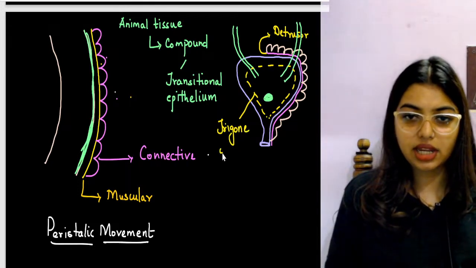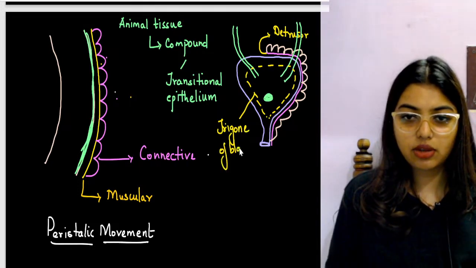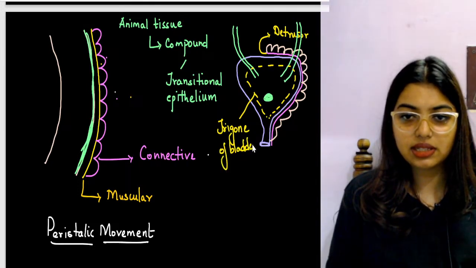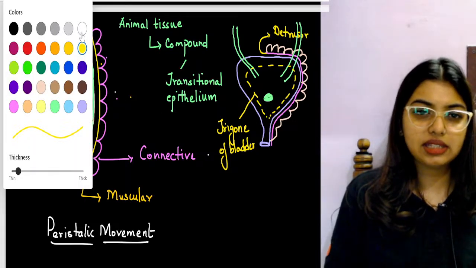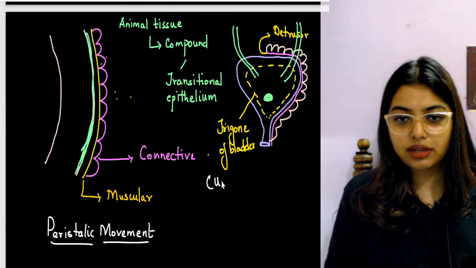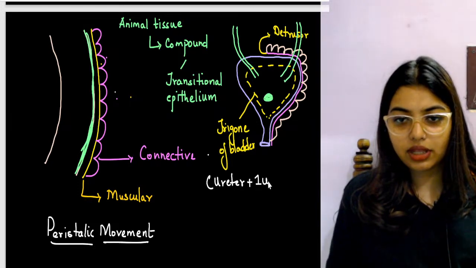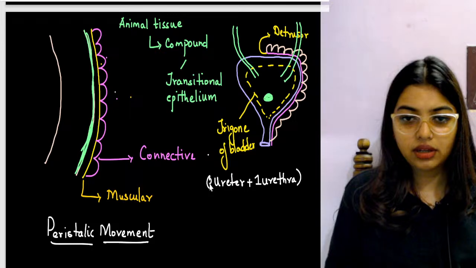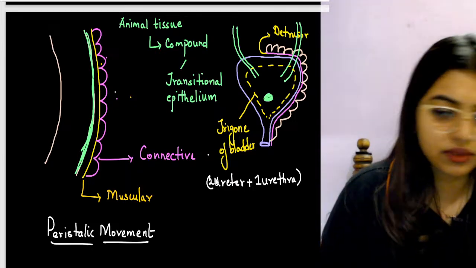Tri means three. Trigone of bladder means three openings together. What are the openings, students? Very easy for you to remember: two openings of the ureter plus one opening of the urethra.